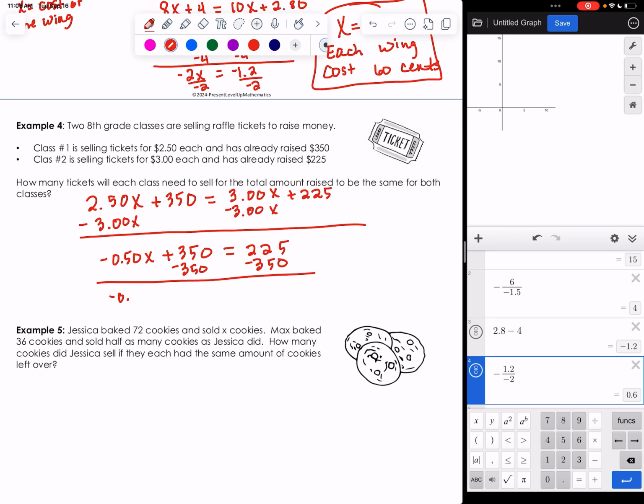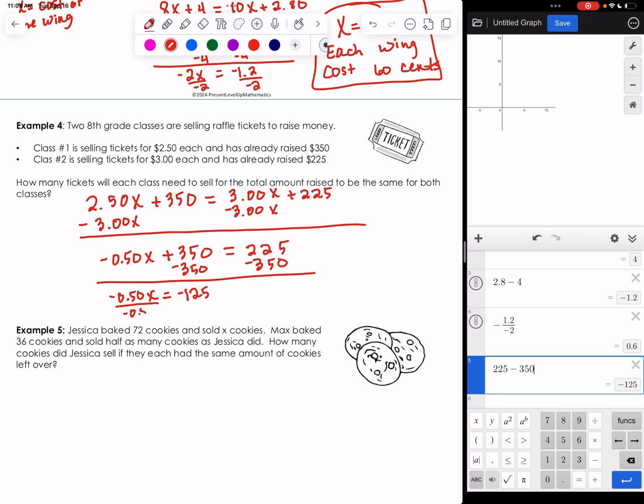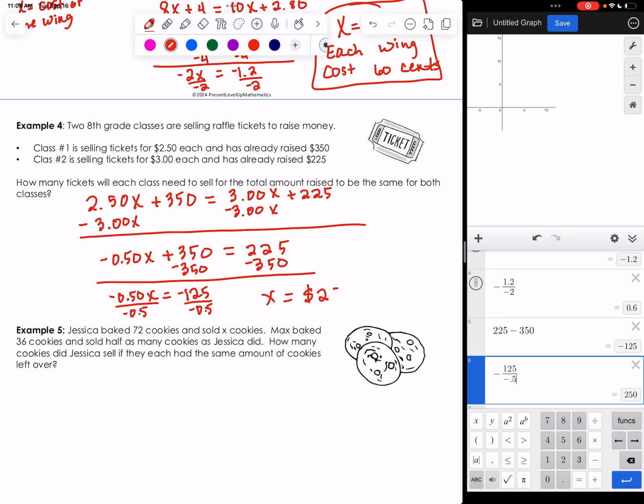So negative 0.50x equals, come over here, 225 minus 350 gives me negative 125. Now divide by negative 0.5. So negative 125 divided by negative 0.5 gives me 250. Whoops, I should have put a different number there.